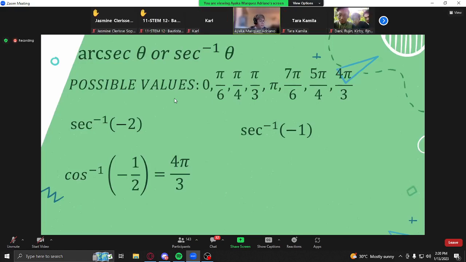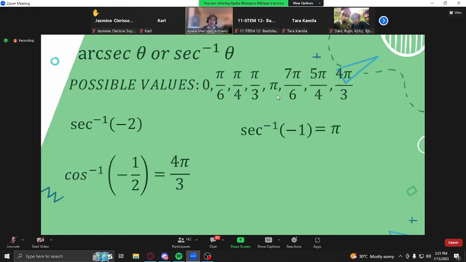Yes, Jasmine? Pi po. Is it pi? Parang wala, ay kasama si pi, no, sa ating range of values. Tama, very good. No? Basta't pumasok siya doon sa ating possible values, wala tayong problema.